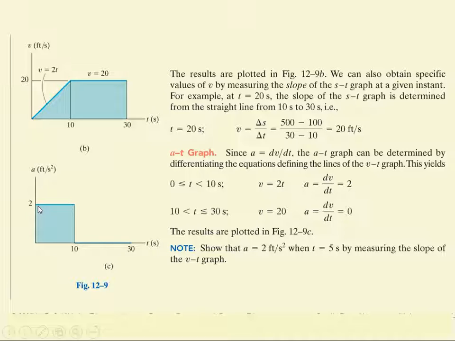You can obtain it using the data from the previous pages, and see the velocity is delta s over delta t, 20 feet per second, and the plot of the acceleration. You have to know the values of the velocity changes, and then you can see it here.